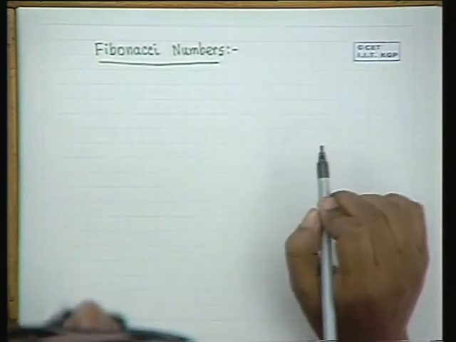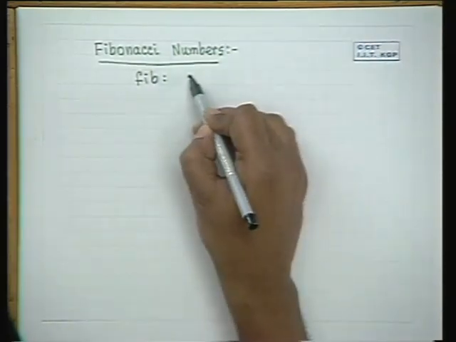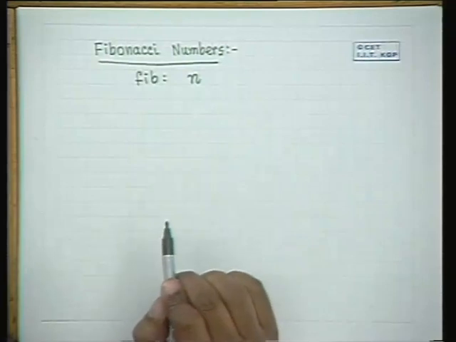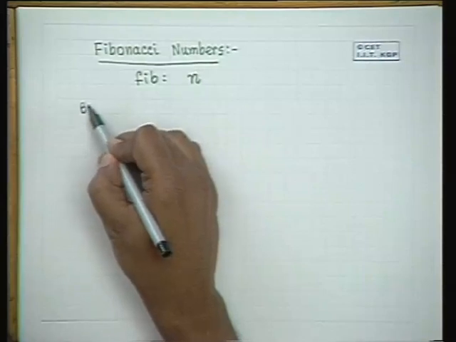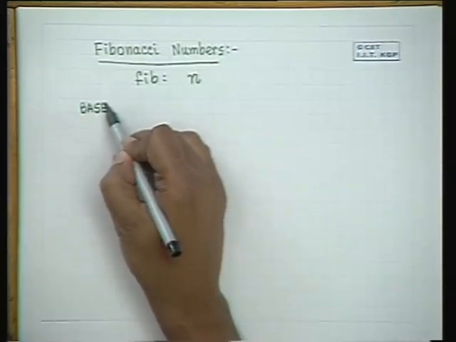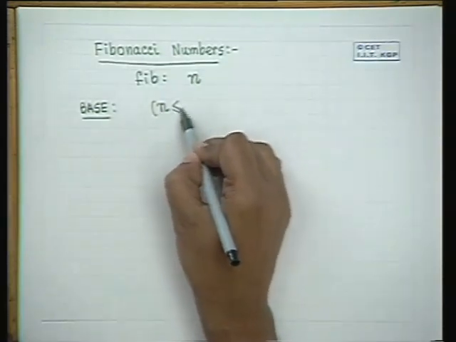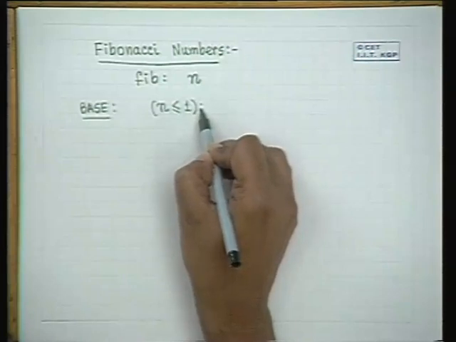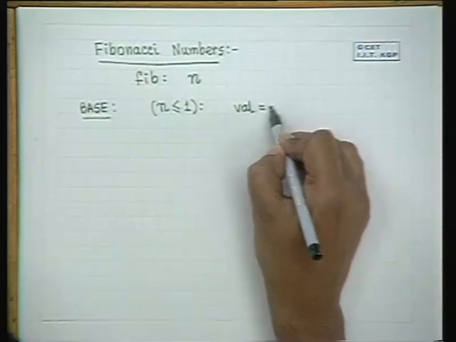We will take another problem for which the problem itself is defined by the inductive definition. We know that fib takes an argument n, and we have got a base condition as n is less than or equal to 0, and we say val equal to 0.